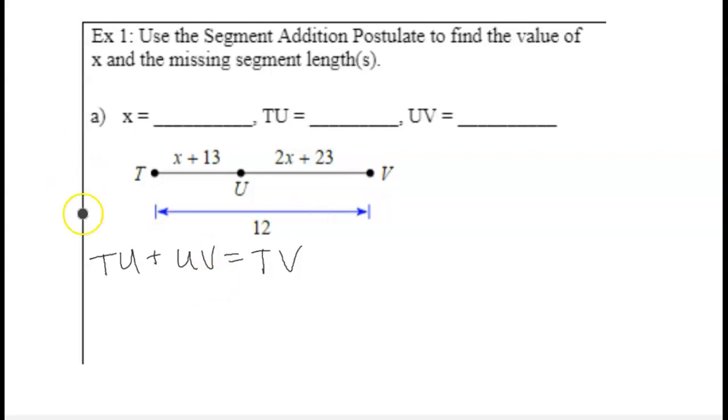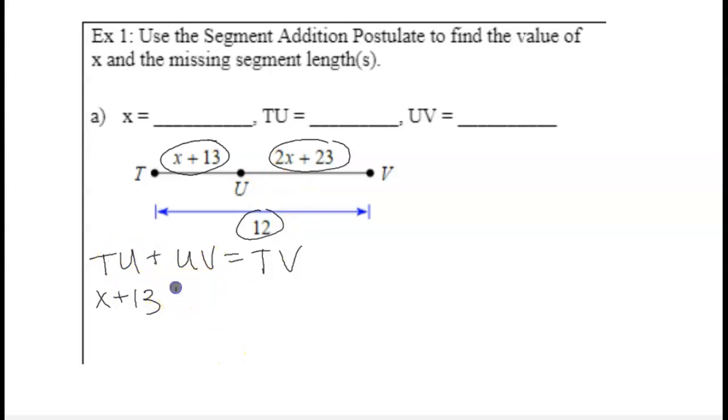Now, to make an equation, I obviously don't know what to do with all these T's and U's and V's. I want to replace them with the parts from the diagram. So I've already kind of set up what's going on here. Now I know TU is this x plus 13 part.